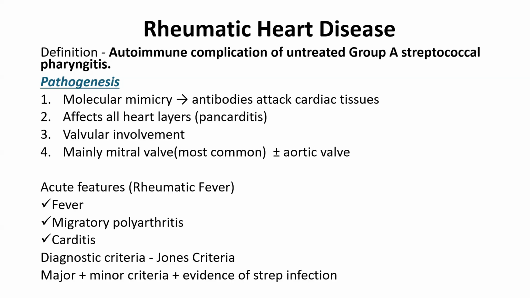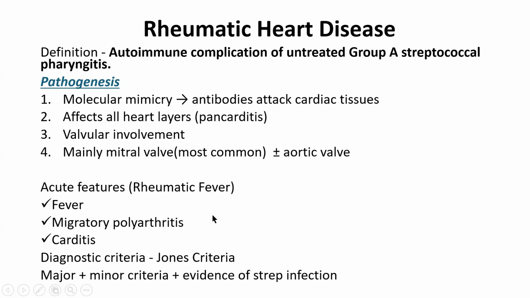The features of rheumatic fever: fever, which is high body temperature. If these autoantibodies affect the joints, the person will have migratory polyarthritis. The heart can be affected, which is carditis, pancarditis, which you'll see in a few minutes. And the diagnostic criteria is the Jones criteria.